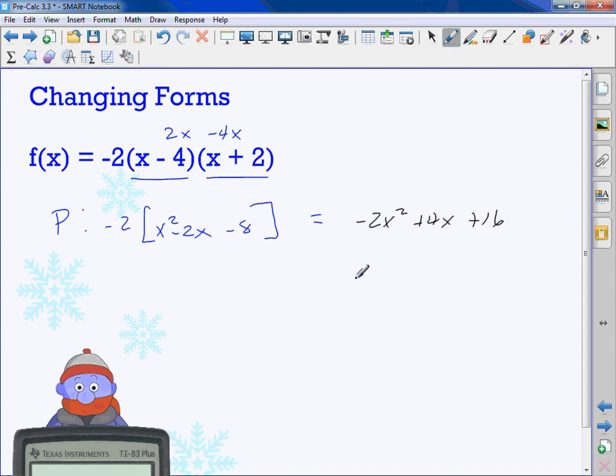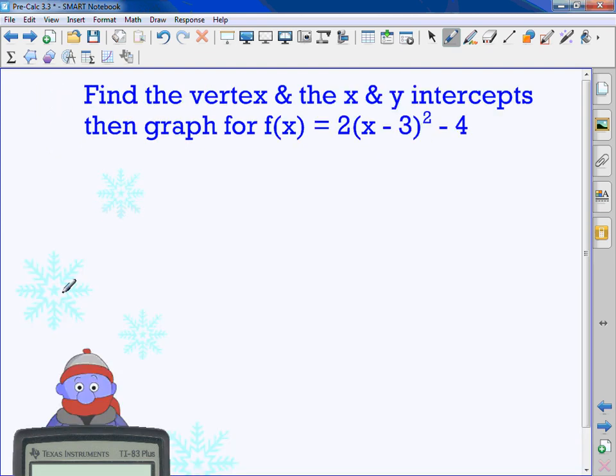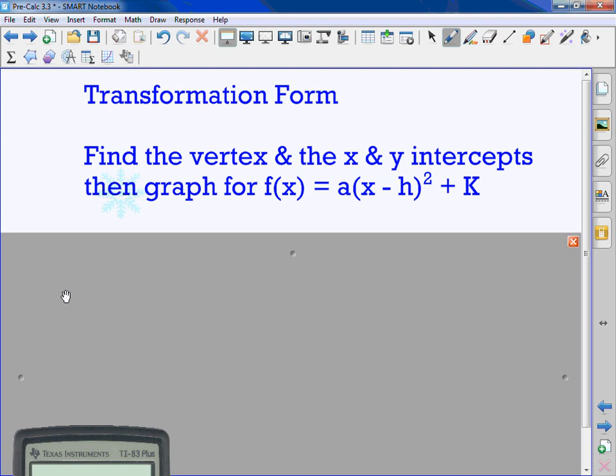By having it in polynomial form now, it makes changing it into transformation form a lot easier. That is transformation form. What does it look like? It was one of your least favorite things from last chapter.